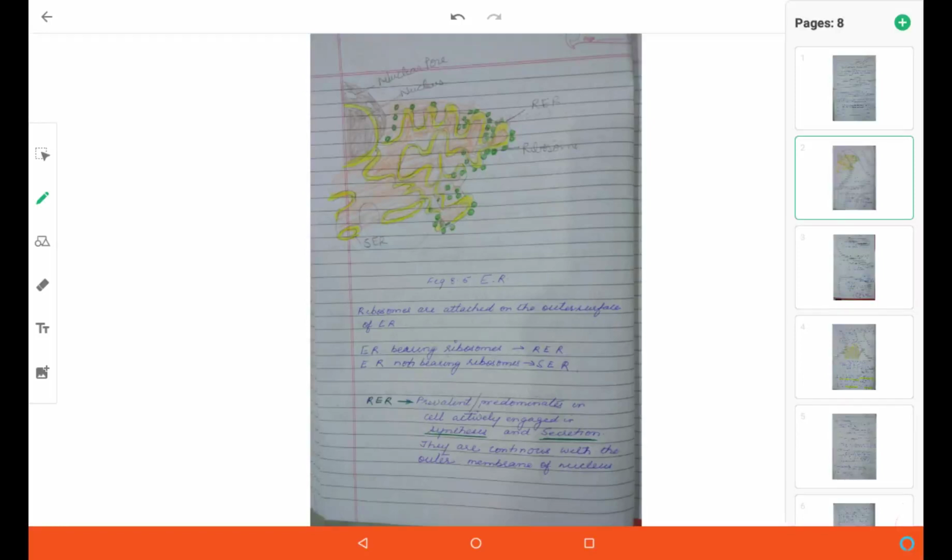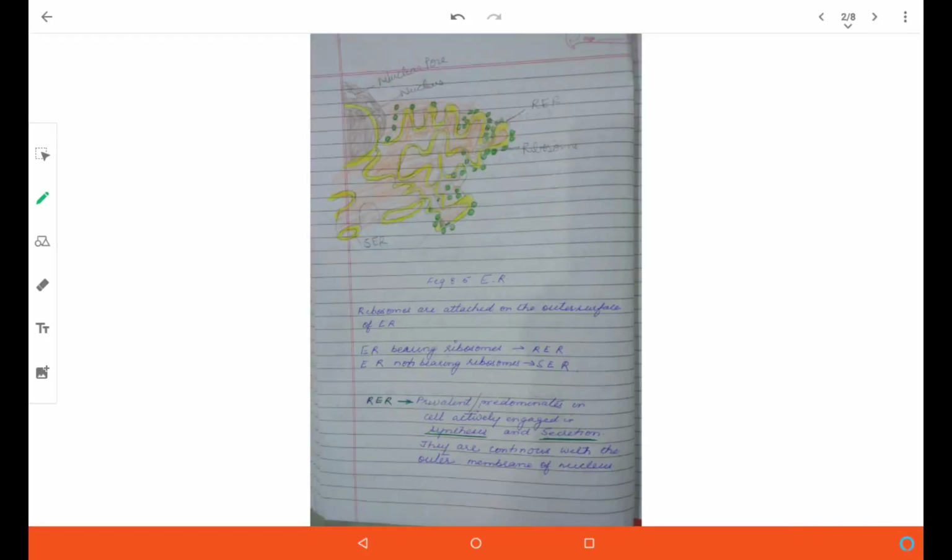This is the diagram of endoplasmic reticulum. You can cite these ribosomes present. They are attached with their bigger subunits, and this is the nucleus. Sometimes the endoplasmic reticulum is continuous with the outer membrane of the nuclear double membrane, and these are the nuclear pores.